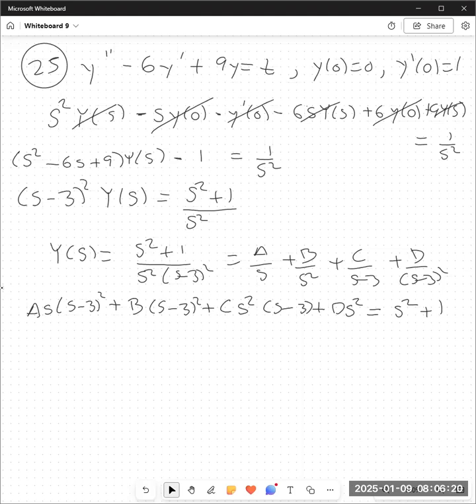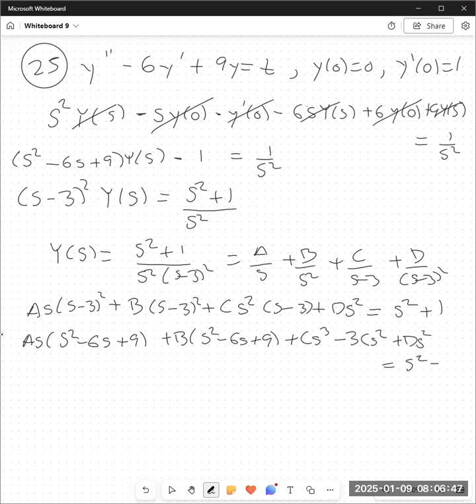Let's go ahead now and expand everything. So we have as times s squared minus 6s plus 9 plus b times s squared minus 6s plus 9 plus cs cubed minus 3cs squared plus ds squared is equal to s squared plus 1.